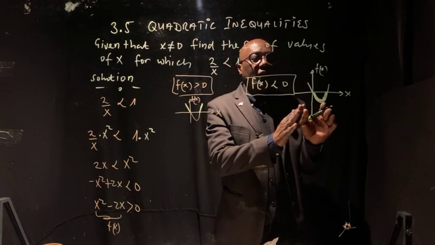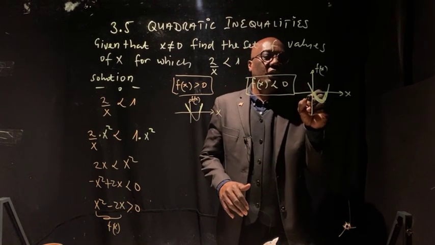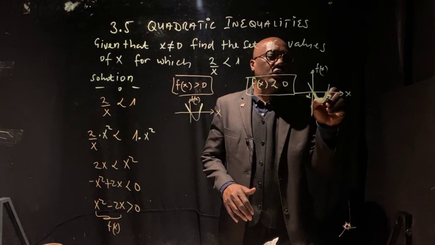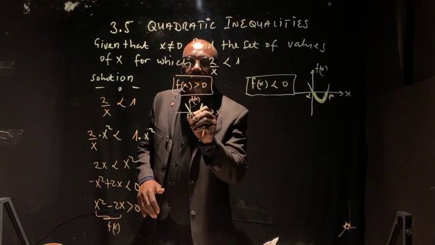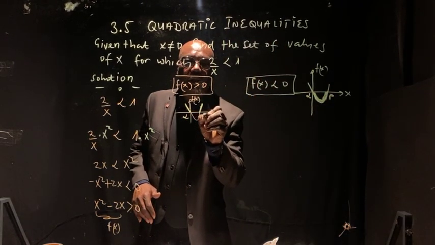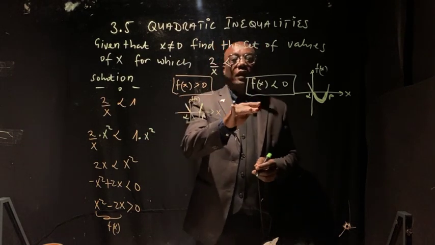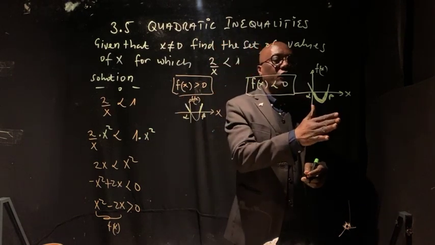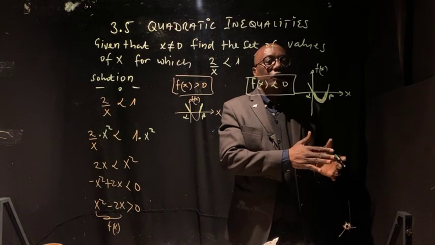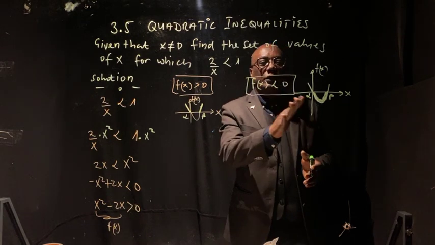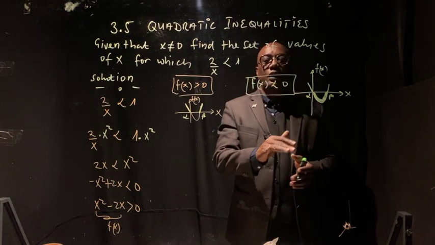So take your time, copy this one, maybe at the side of your notes. Let's call this one alpha, let's call this one beta, the roots. I will wipe it anyway, but maybe at the side of your jotting note, you can quickly jot this one down.